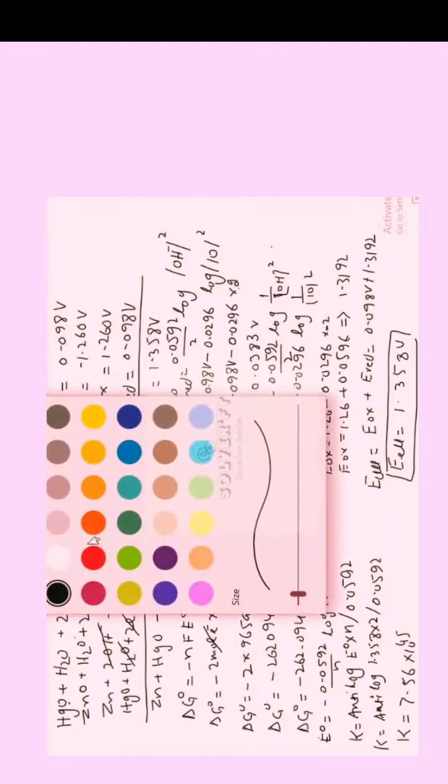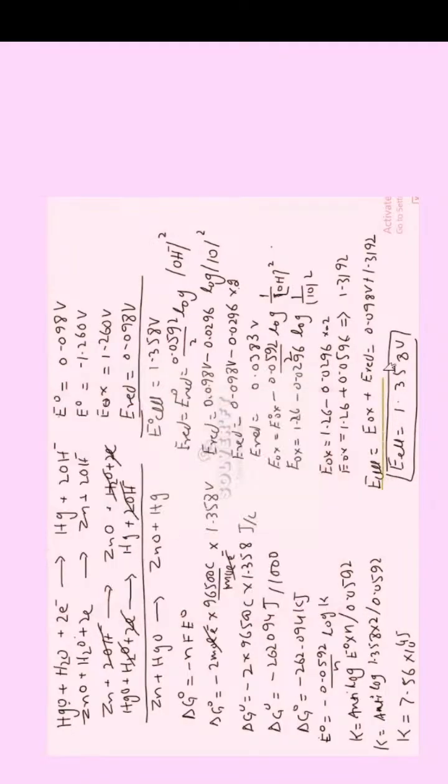So it means there is no change in the potential of the cell when we increase the hydroxyl ion concentration by tenfold in each half. These are the required answers to this part of the question, where this is the E naught of the cell, this is the value of delta G naught, and this is the value for the equilibrium constant of the cell.